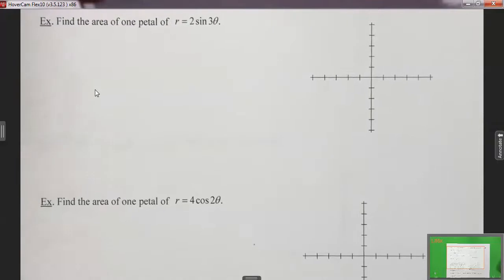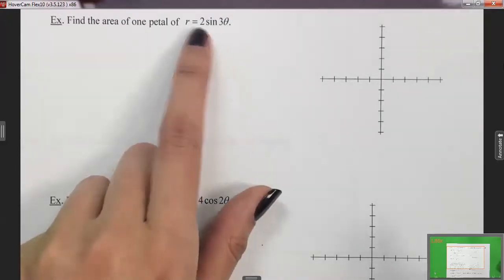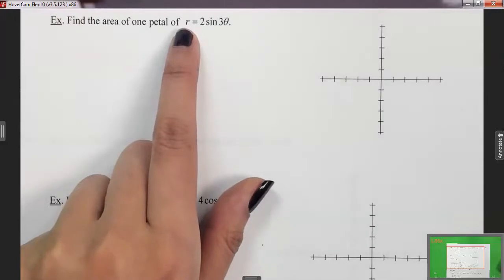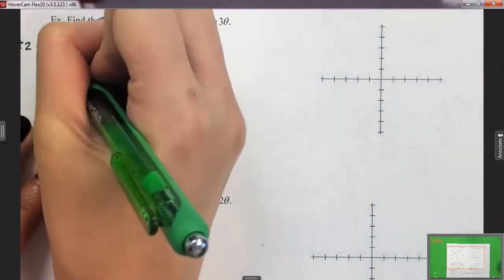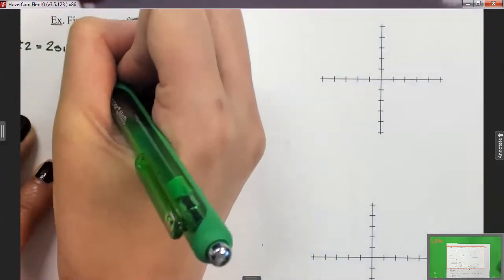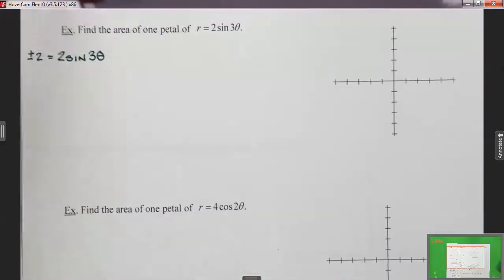I'm going to do the same thing, but instead I'm going to plug in plus or minus 2 for r, which is basically what you did, Junsong, but I'm going to do it more algebraically.